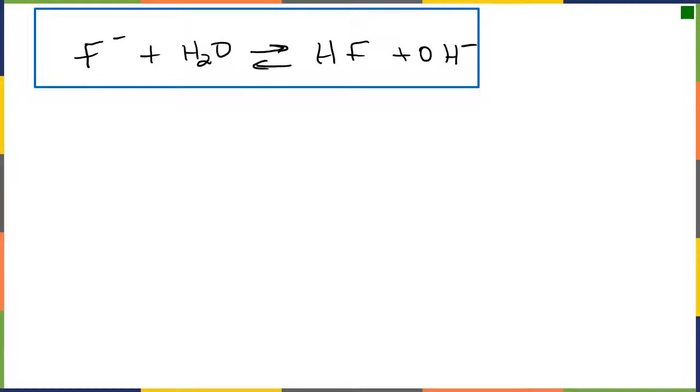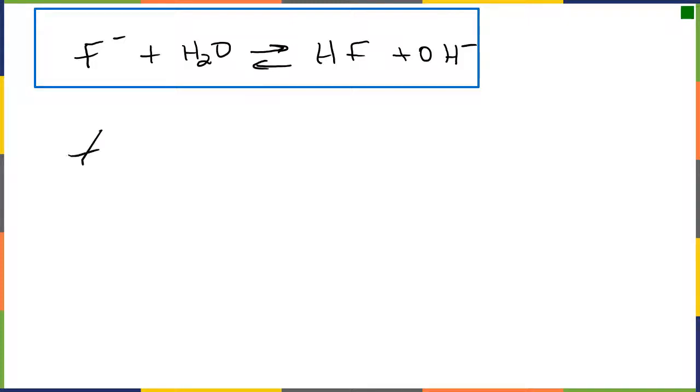We can do this in other interesting cases. So let's imagine that we have F minus reacts with H2O to make HF plus OH minus. If we try to relate our pairs, we know that they're related by an H plus.